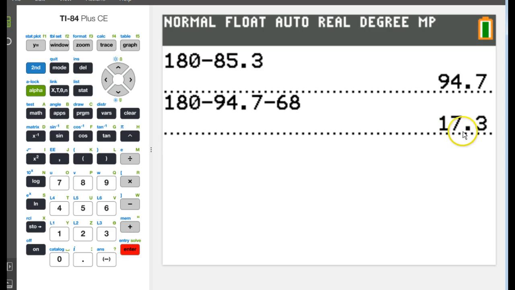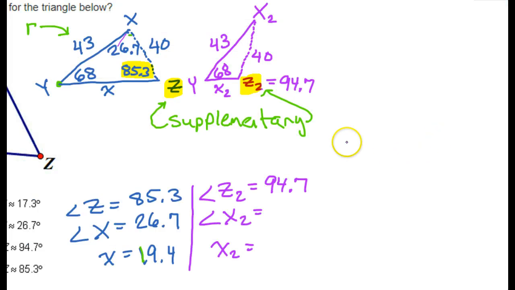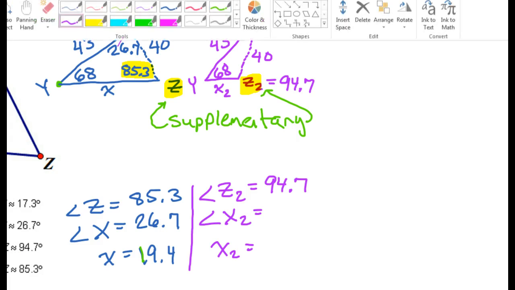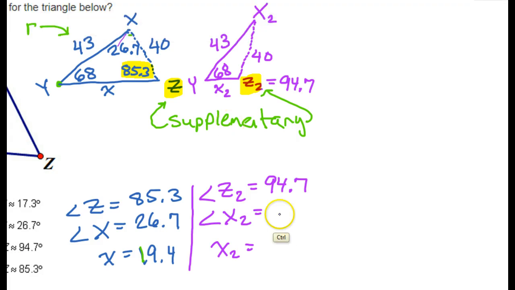So that is 17.3. Okay, so angle X2 is 17.3 degrees. Okay, so now I can find X2, the little side down here.